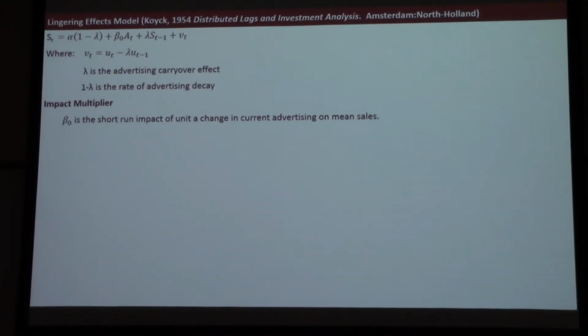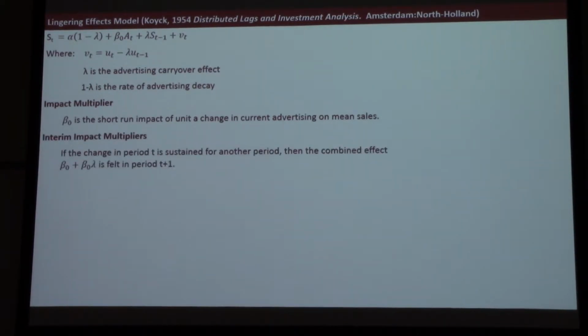It's how much of previous advertising is carried over into the next period. 1 minus lambda is the opposite, which is the rate of decay. And the impact multiplier is the effect of advertising. So beta 0 is going to be the short run effect of a unit change in advertising. So beta 0 is that initial effect of advertising. How much does advertising impact sales today? That's beta 0.